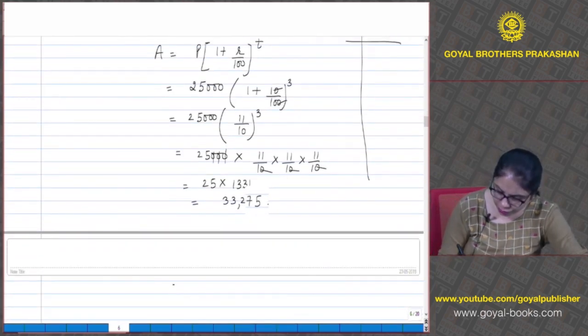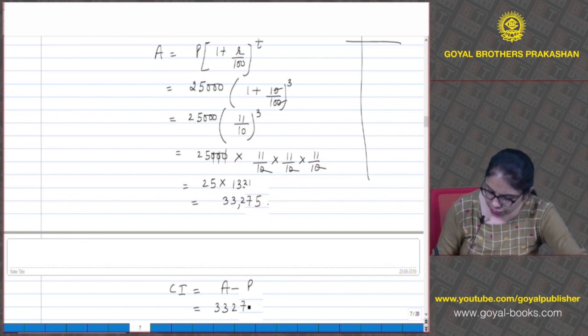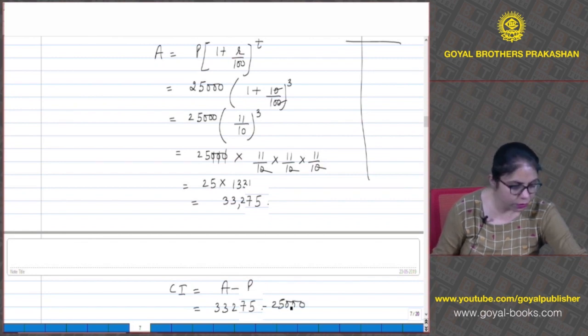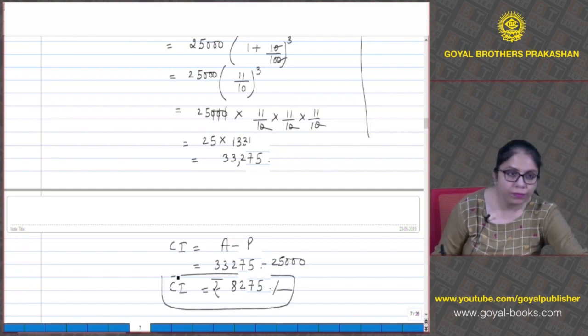Now, how will we calculate compound interest? Compound interest is amount minus principal. That means 33,275 minus 25,000. So what will we get? 8,275. This is the compound interest. Clear?